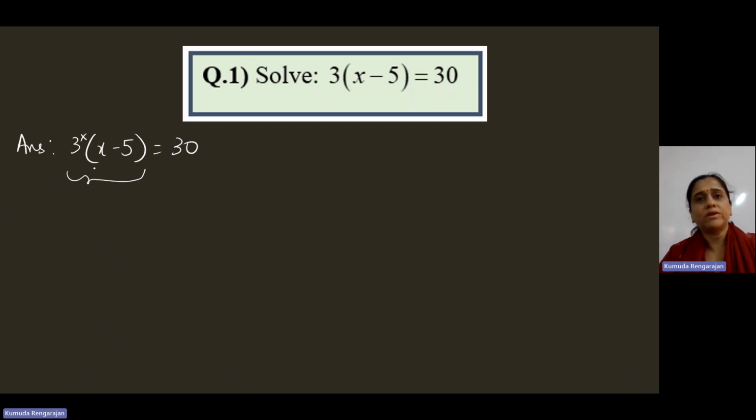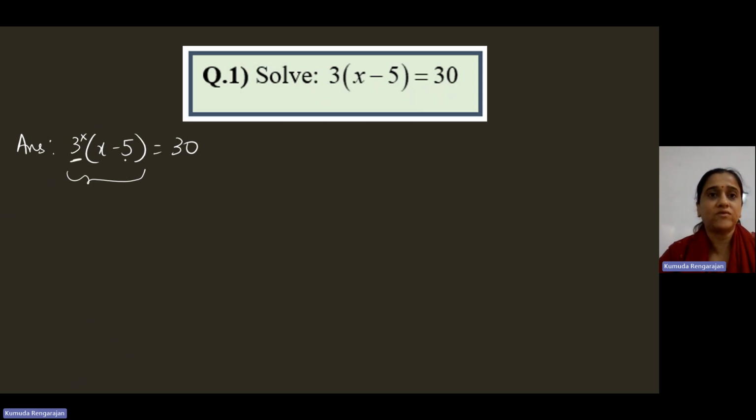And we know when the question is solved, we have to work and find the value of the variable. The variable is x. So we have to find the value of the variable x. Correct? For which we have to have x alone on the left hand side. So what are the other things with x we see here?